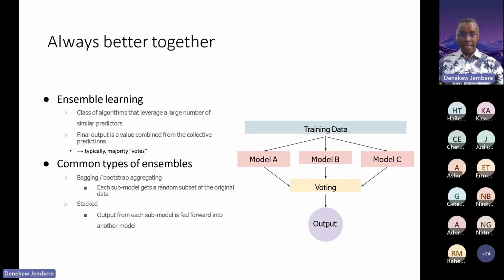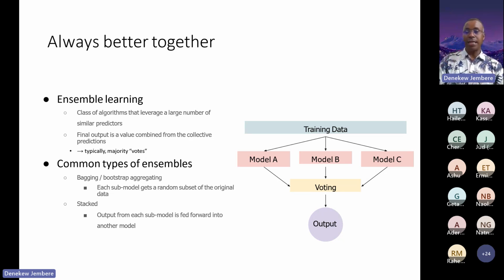Ensemble learning is a class of algorithms that leverage a large number of similar predictors. You could use different algorithms: algorithm A for model A, algorithm B for model B, algorithm C for model C, but the same data goes through each of these algorithms.